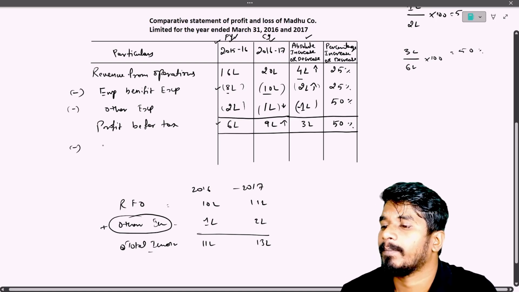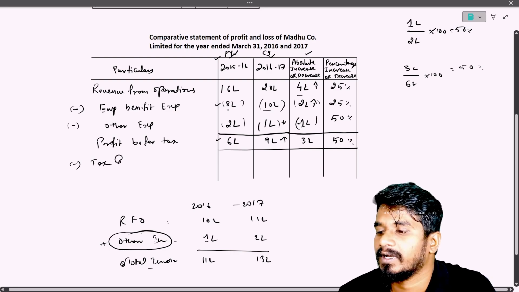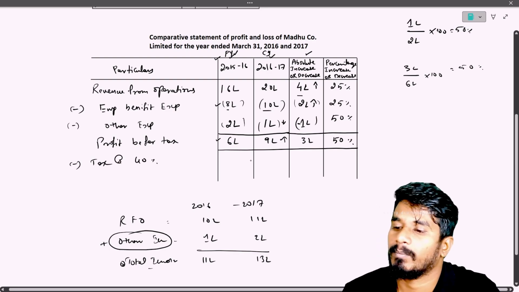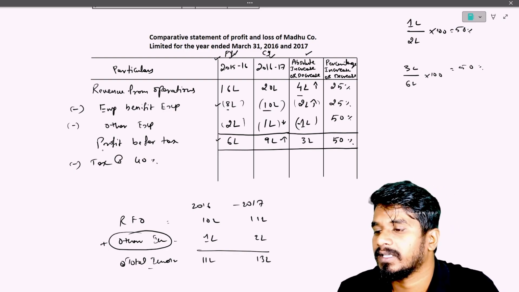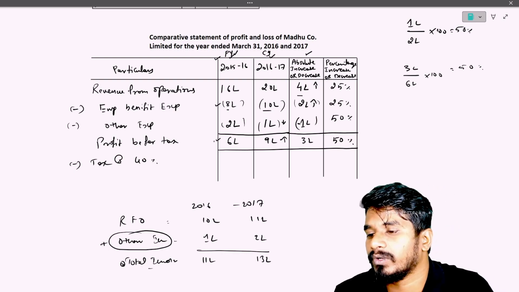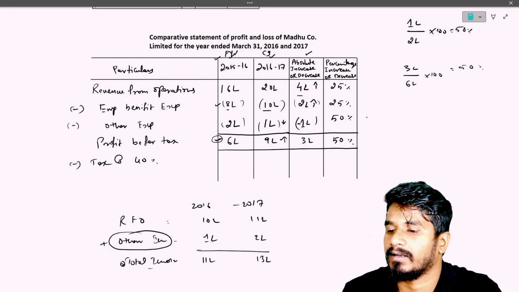Now we'll directly minus the income tax. Tax at 40% for both. On what amount will we charge the tax? We'll charge the tax on profit before tax. This is the amount, 6 lakhs and 9 lakhs.